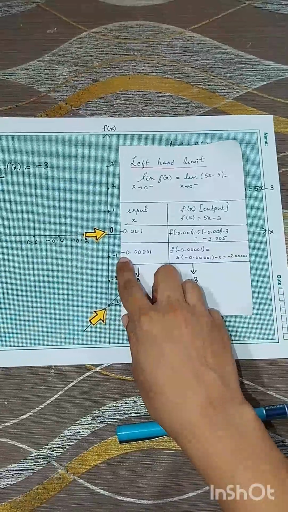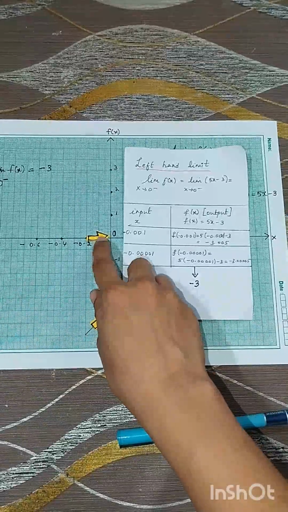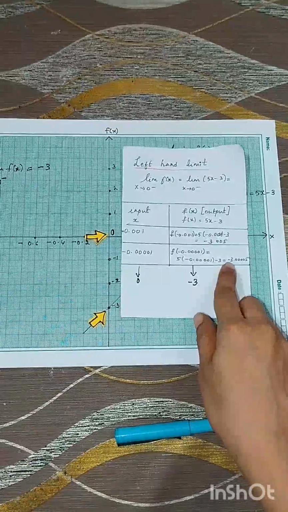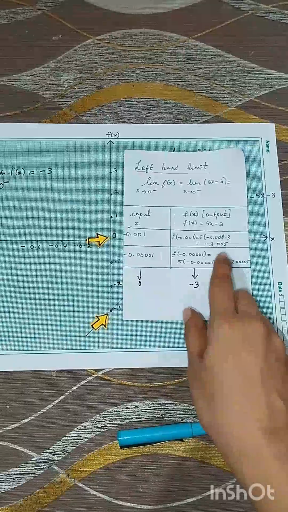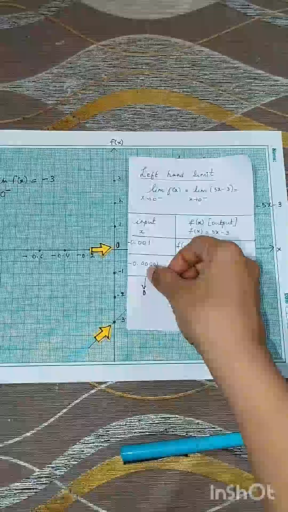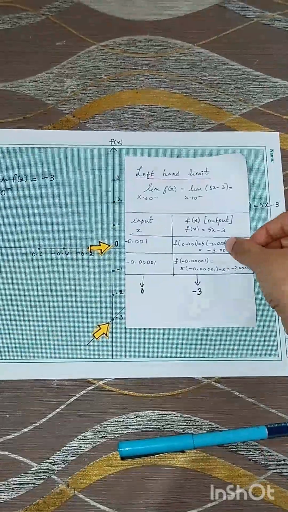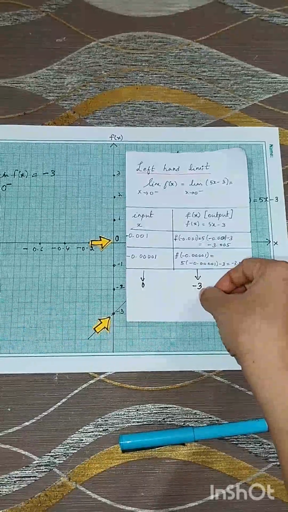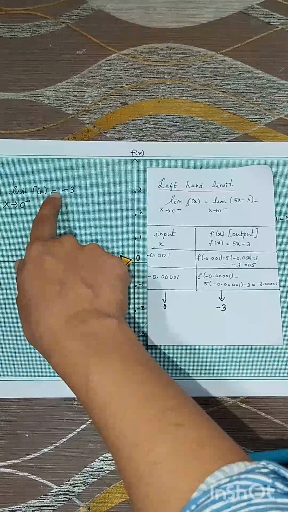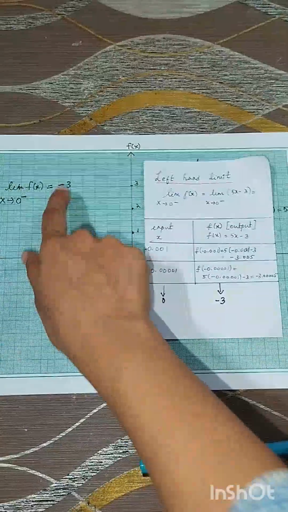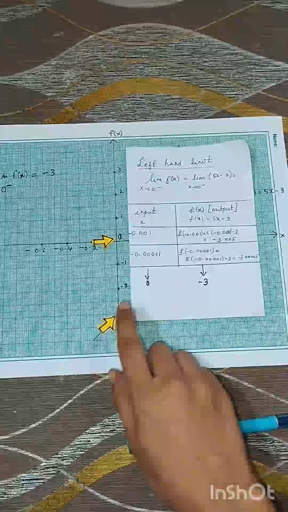Now if we take another number, minus 0.00001, which is even closer to 0, then the output we get is minus 3.00005. So this table shows that as we get very close to 0, the outputs get very close to minus 3. That's why we write limit x tends to 0 minus f of x is equal to minus 3. It will not land at minus 3, but it will get very close to minus 3.